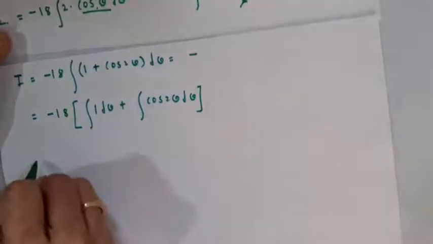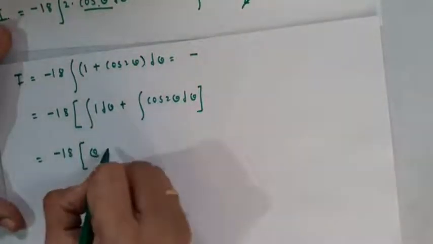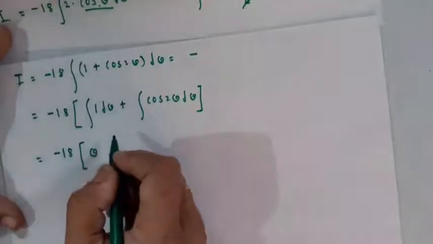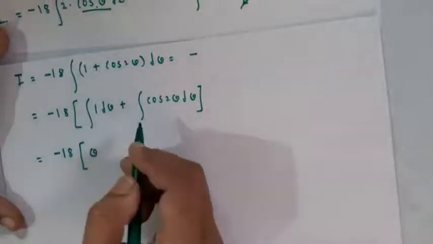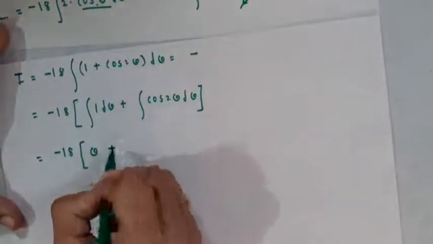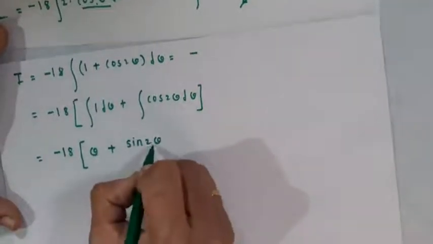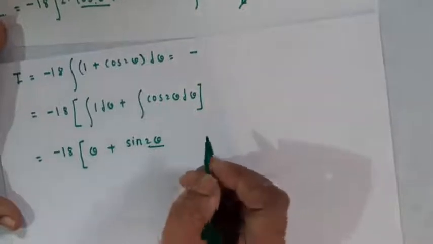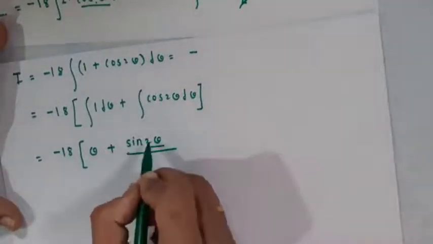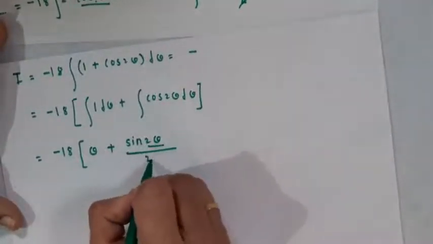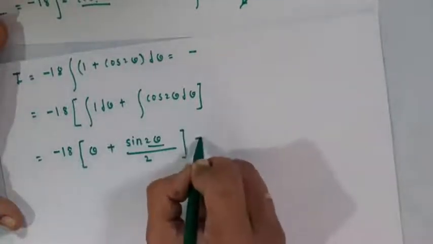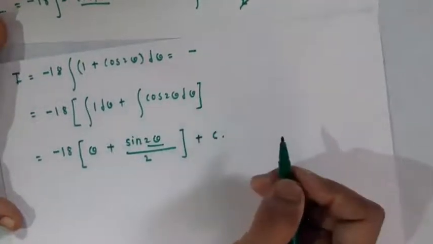Okay, and now the integration is minus 18, integration of 1 with respect to theta is theta, plus integration of cos theta is sine theta, and that's why it is plus sine of 2 theta. But students, this 2 theta is again a differentiable function, its differentiation is 2, but in case of integration we divide by 2, plus constant of integration c.